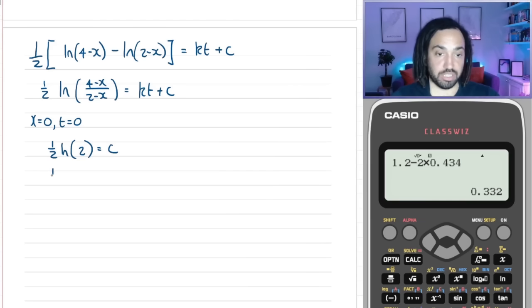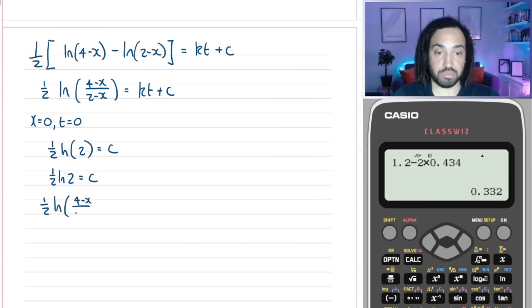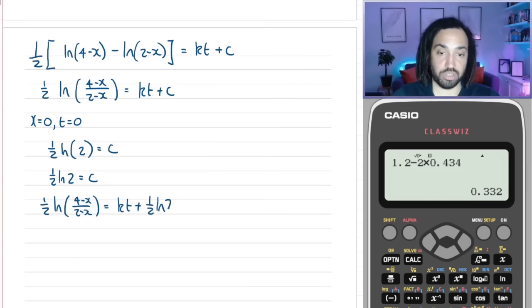Okay, fine, so that is just a half ln 2 is equal to c. Okay, so now let's rewrite this out again, but this time we're going to introduce c. So we're going to write this out, and then we're going to say this is equal to kt plus c, which is a half ln 2.